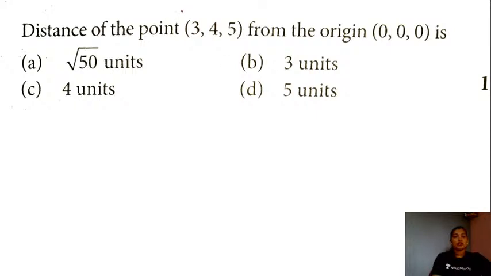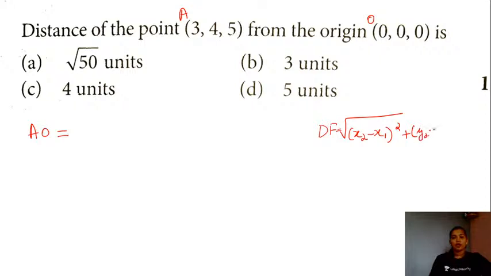So let's take this coordinate as A, and this is the origin O. We need the distance AO, and what will this be equal to? According to the distance formula, it is the square root of (x2 minus x1) the whole square plus (y2 minus y1) the whole square plus (z2 minus z1) the whole square.